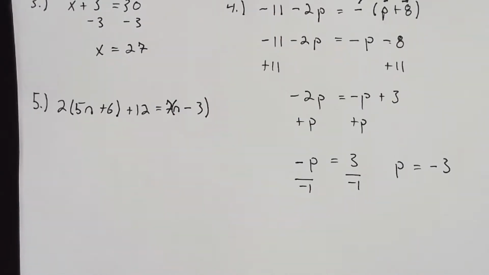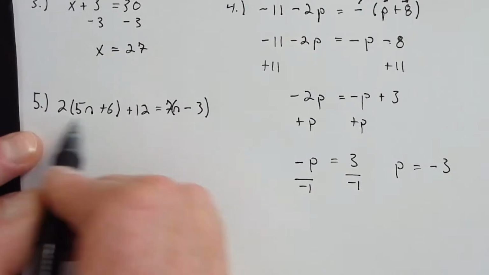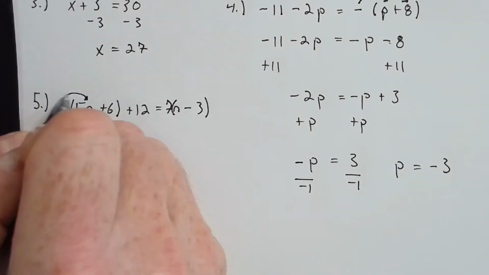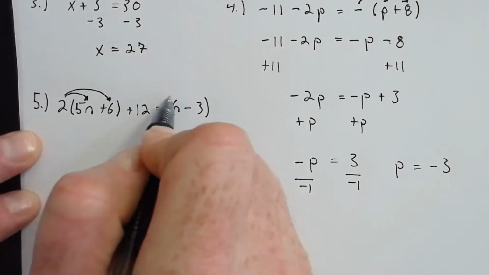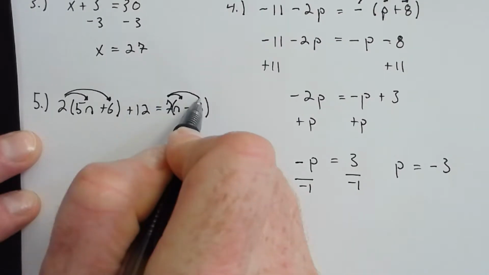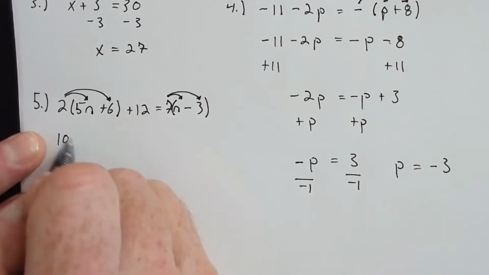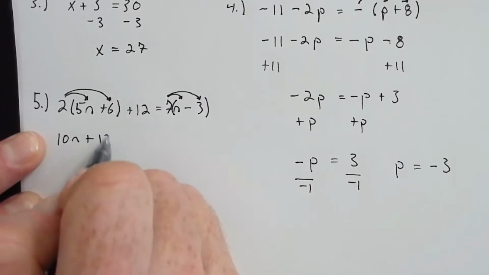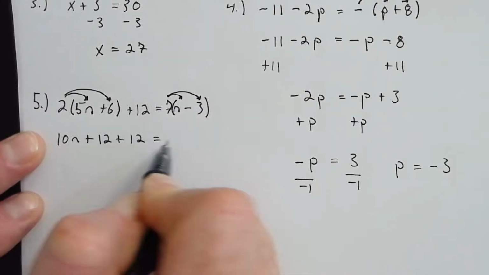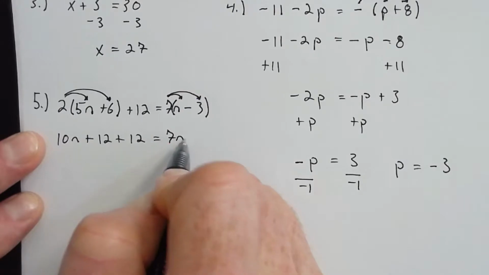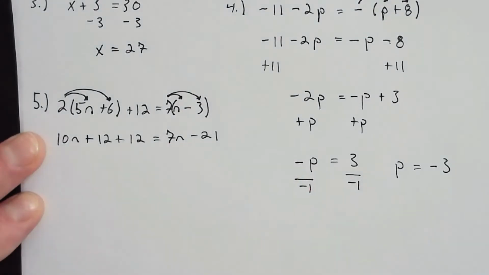We see a lot of distribution here in this problem. That's basically all this problem is, distribute. You're going to distribute and then combine like terms. Okay? So let's start distributing. So we have 10n plus 12 is equal to 7n minus 21.